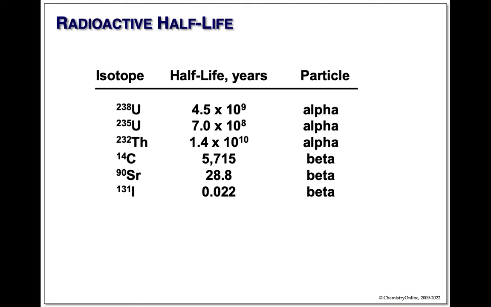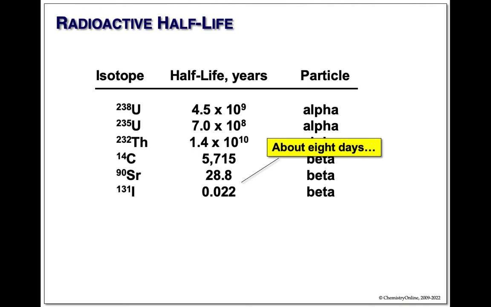So that stuff hangs around a long time. Thorium, 10 to the 10th years. Carbon-14, we'll talk about that in a moment. 5,700 years, strontium-90 we did. Iodine-131, 0.02 years, about 8 days. So it covers the entire spectrum.